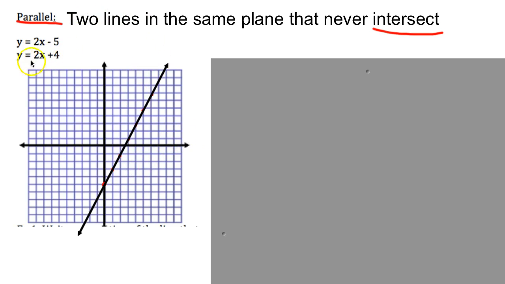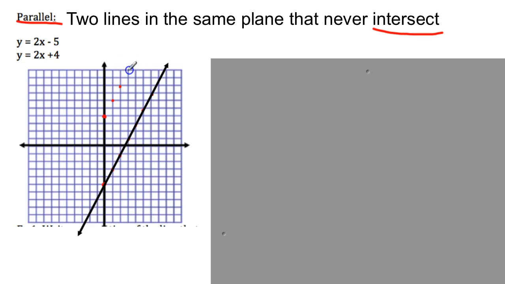Alright, let me do this other line. y equals 2x plus 4. So I need to do the y-intercept first. So I start here. It was plus 4. 1, 2, 3, 4. I put my dot right there. And the slope is 2, which means I go up 2 to the right 1. Up 2 to the right 1.